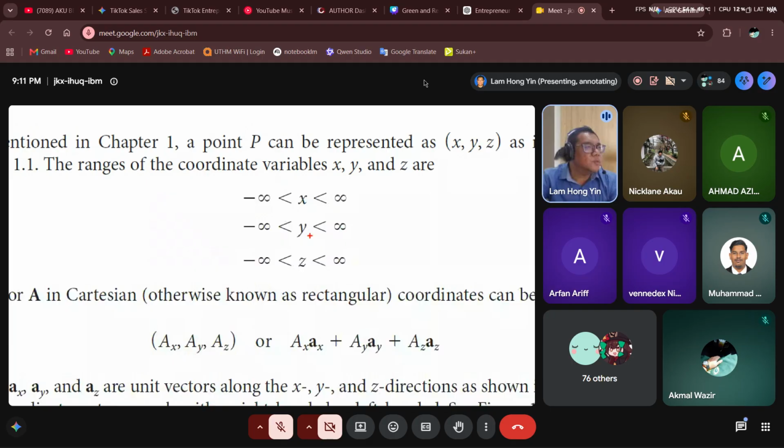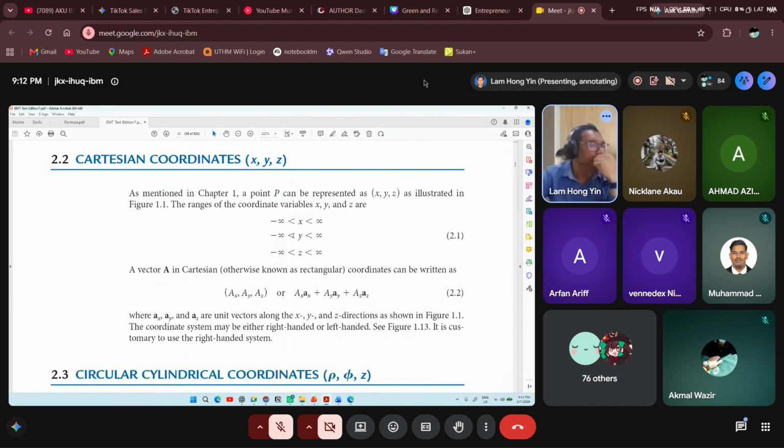So you can see x, y, and z. There is no limit. The limitations go from negative infinity to infinity, right? So these are the three parameters used to represent the Cartesian coordinate system, or sometimes we call this rectangular.